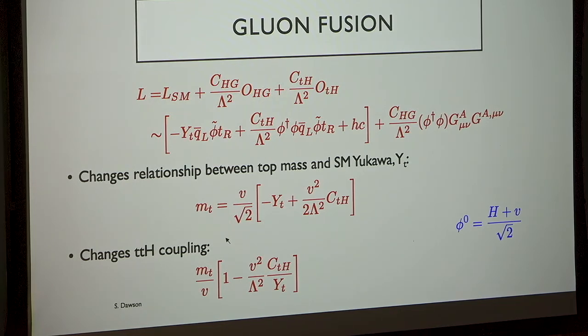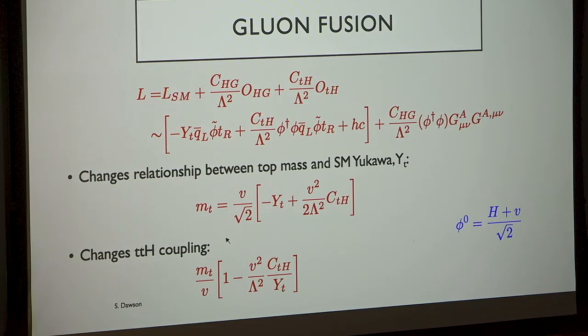So you put these phi's, you make them v's, and you get a contribution here. So then when I invert this, the coupling of the top to the Higgs is different than it was before. So you can't simultaneously diagonalize them typically. So you have a different relationship for the top quark Yukawa with the mass.